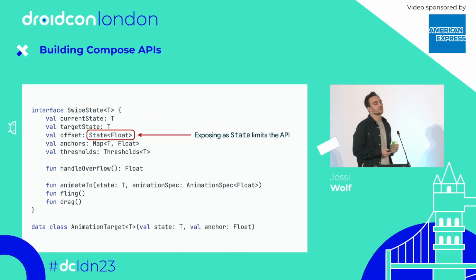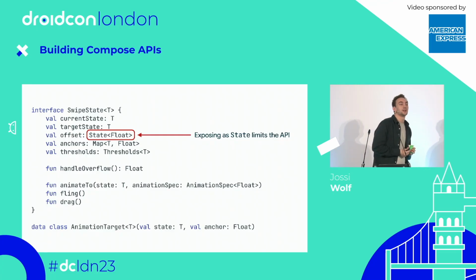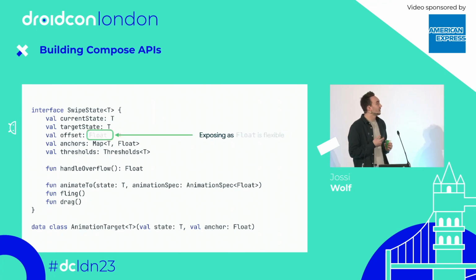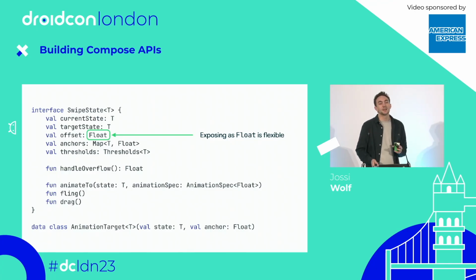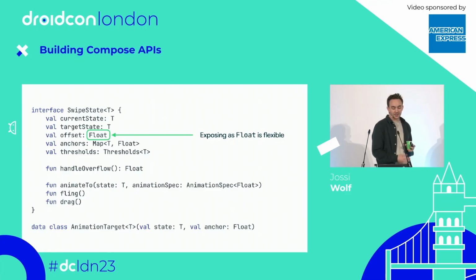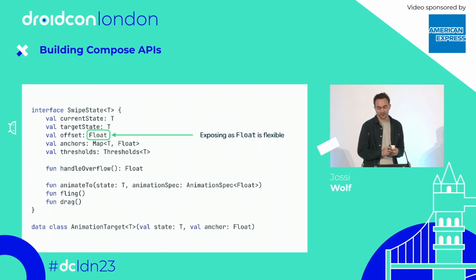And it just creates this very inflexible API. It ties you to a certain object and to a certain type that you really don't need. Using a float type directly means we can still use state under the hood. We can still get all of those nice things of observability, but we don't have to build it into the contract. And it makes us a lot more flexible in changing the API later if we decide to, and makes the code a lot easier to use for users.